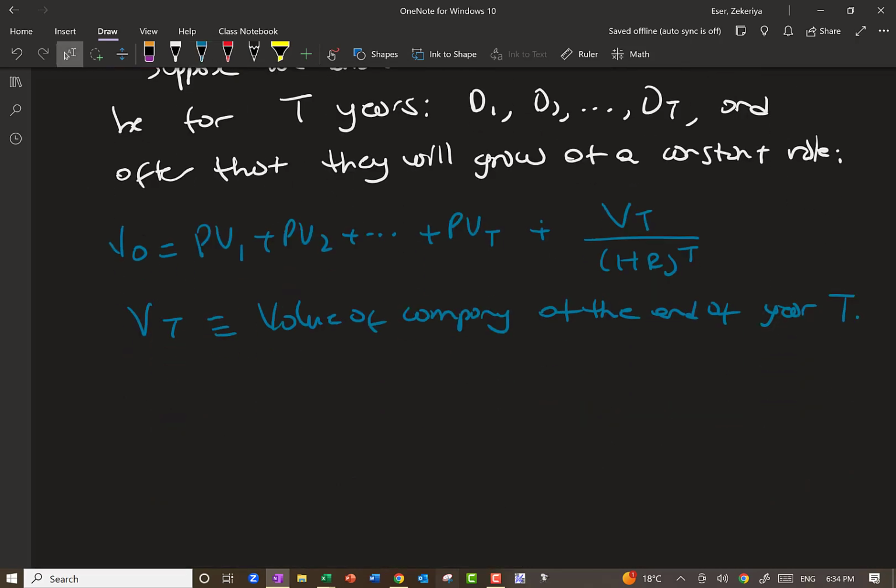But once I come to the end of year T, at that point, that company is a company that's going to have constant dividend growth, where D(T+1) is DT times (1 plus g).